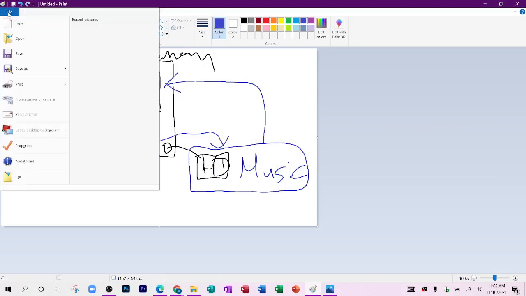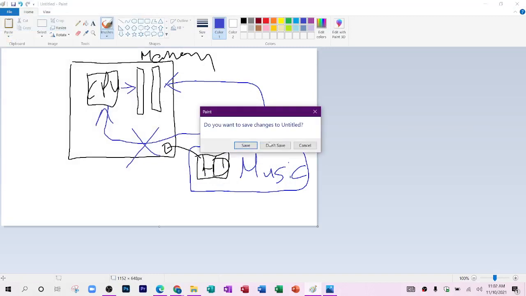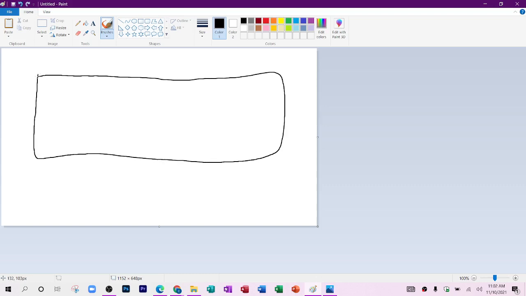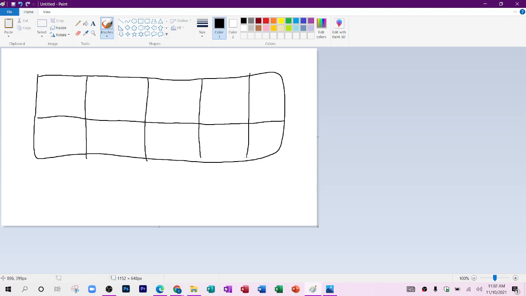So for example, just say for example, this is the memory. The memory could be divided up, something like this here. Just use it as an example. And we can say that A1, that address, has a music file. A3 has a picture.